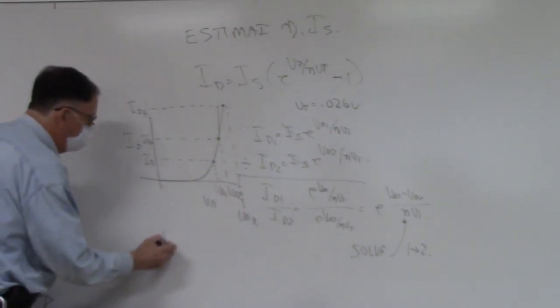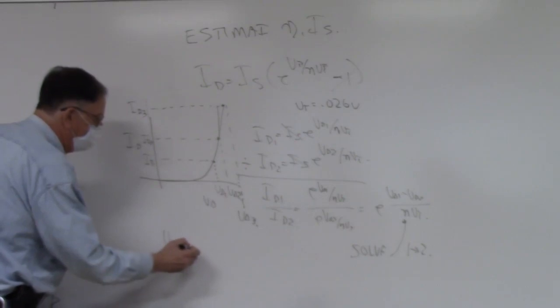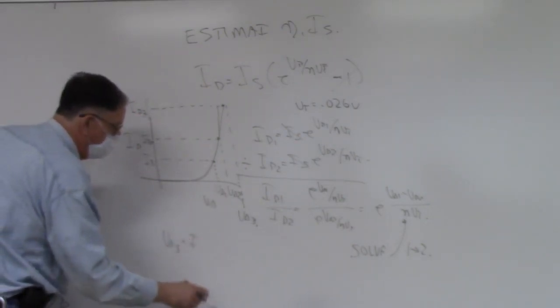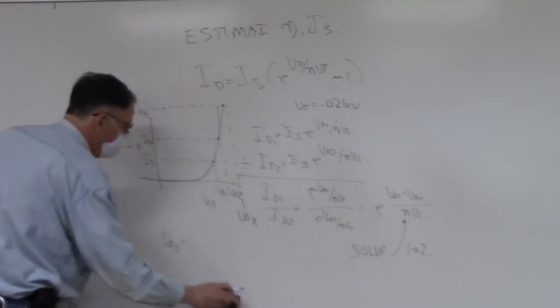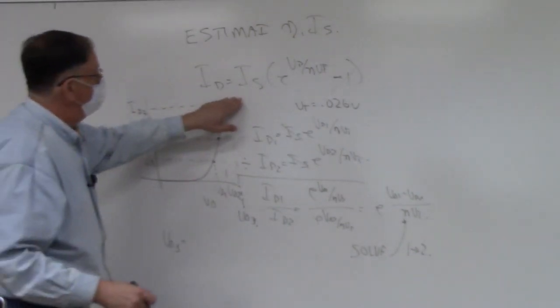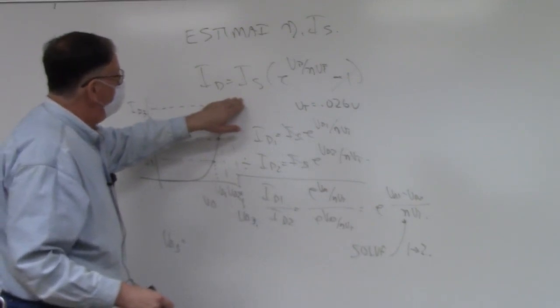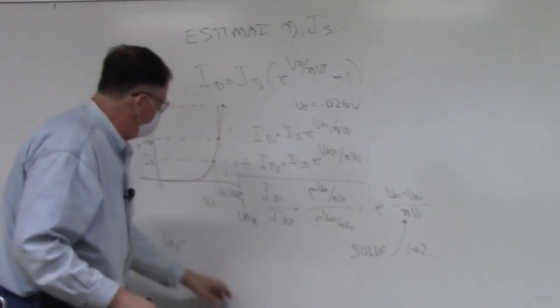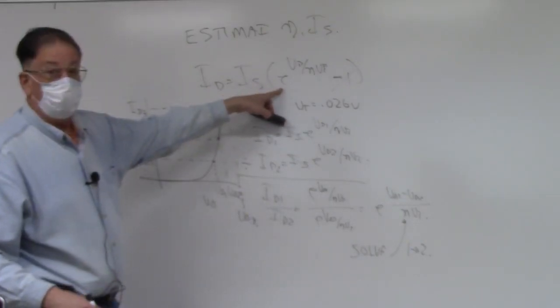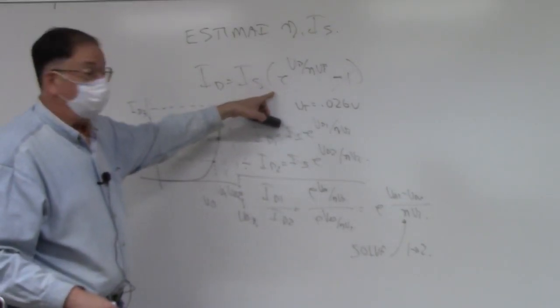We're going to use this equation again, and we're going to get a discrepancy in VD. So I'd like to turn this equation inside out and get VD by itself.